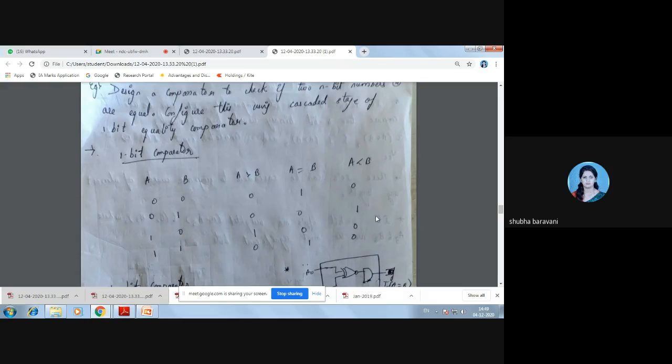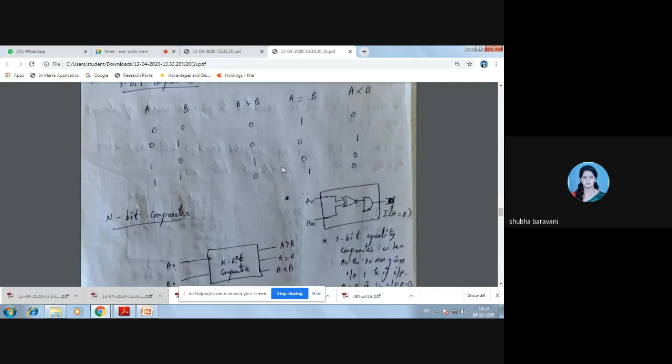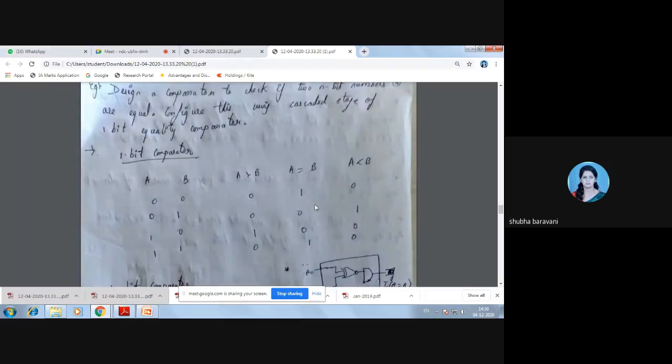Any problem in drawing the truth table? Anyone? No problem. So depending on this, now this is your one bit comparator.